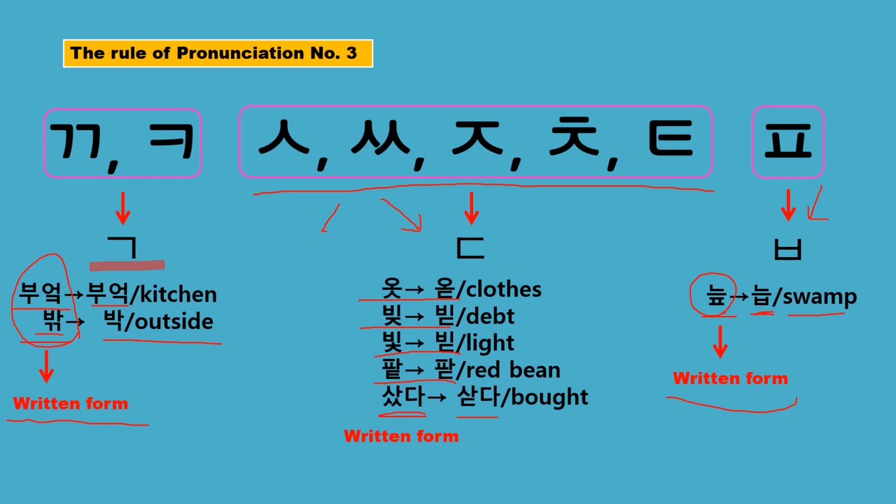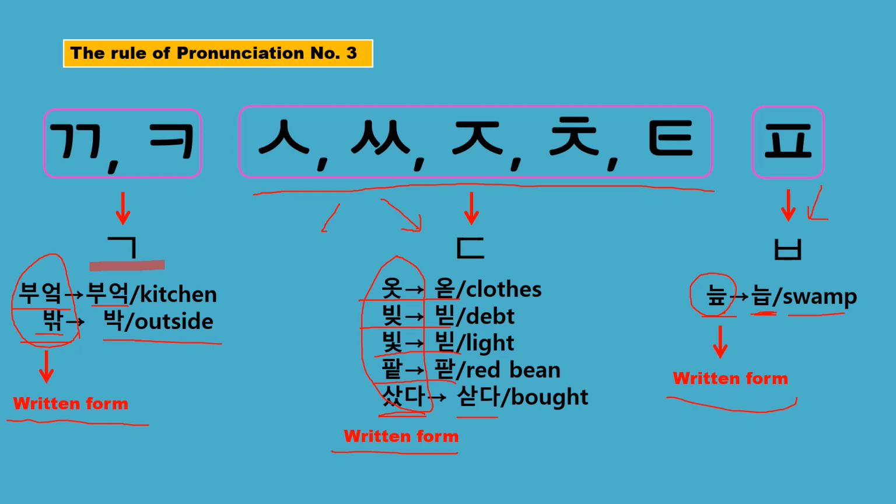Okay, 늪 when you read. Okay, 옷, 빛 they are written form. Written form, remember. Okay, when you read 옷, 빛, 밭, 샀다.